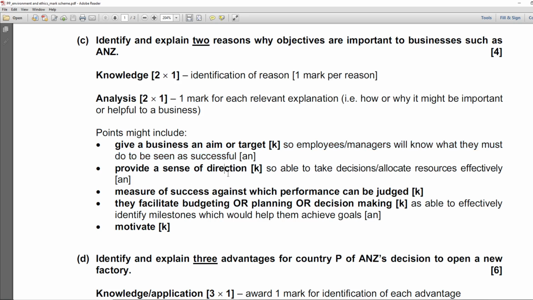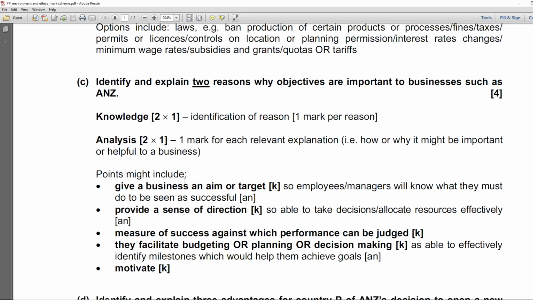I think target is inside the direction. I don't know if you agree with me. So that's question C.